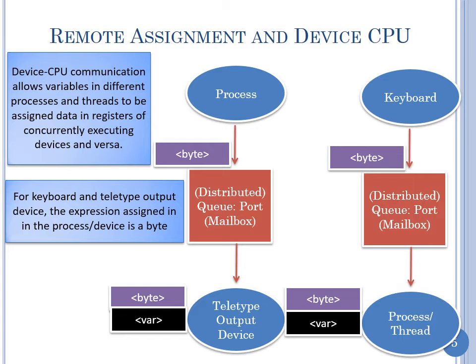We looked specifically at the keyboard and a special kind of output device, a teletype output device, which outputs things character by character. Our getC and putC calls are modeled after these two devices. In one case the device was the receiver, when it was an output device, and in the other case the device was the sender, when it was the input device. And what we were sending were bytes.